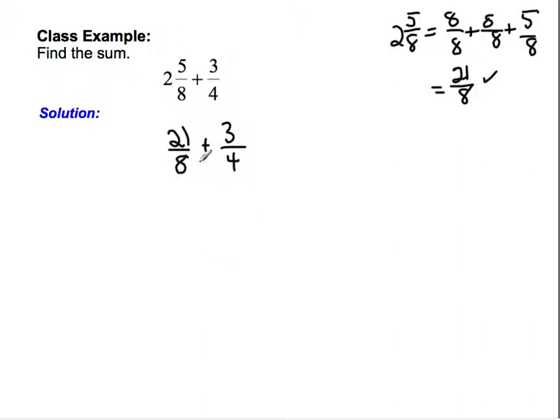We have 21 over 8 plus 3 over 4. Our denominators are not the same. In order to make them the same, we're going to divide our fraction that is divided into fourths and make sure that it's divided into eighths. So we're going to times this by 2.